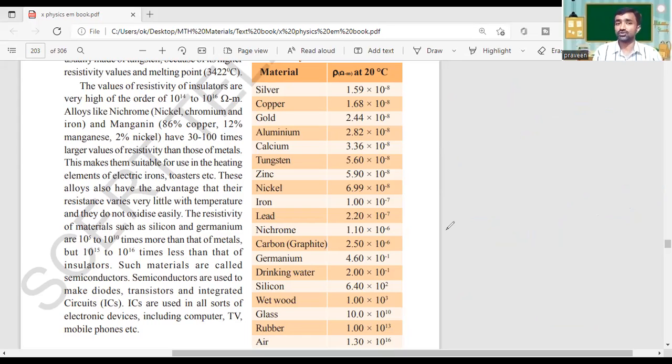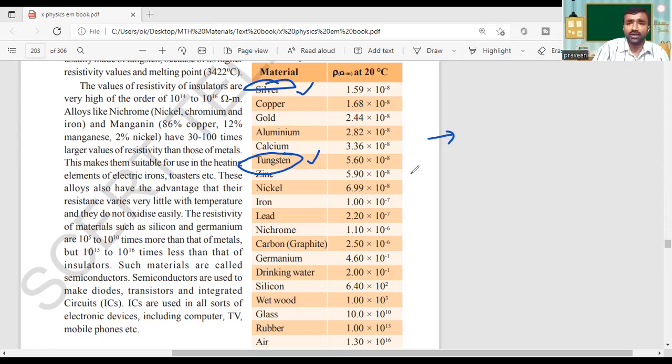Based on that, you are able to decide them as best conductors, bad conductors, and insulators. Suppose tungsten and silver, which is the best conductor, which is the bad conductor? Tungsten is a bad conductor, silver is the best conductor. So like this, we can decide.